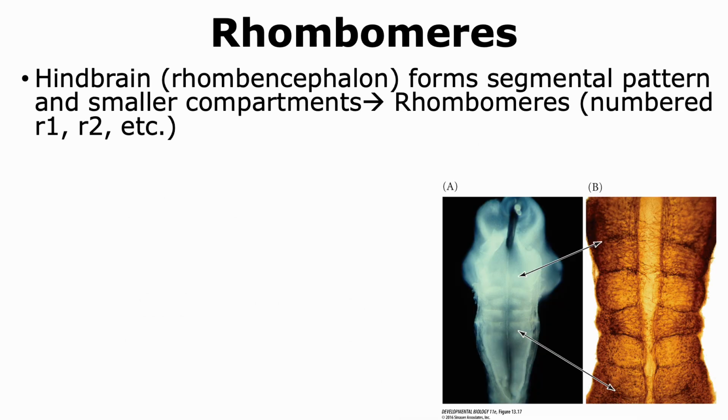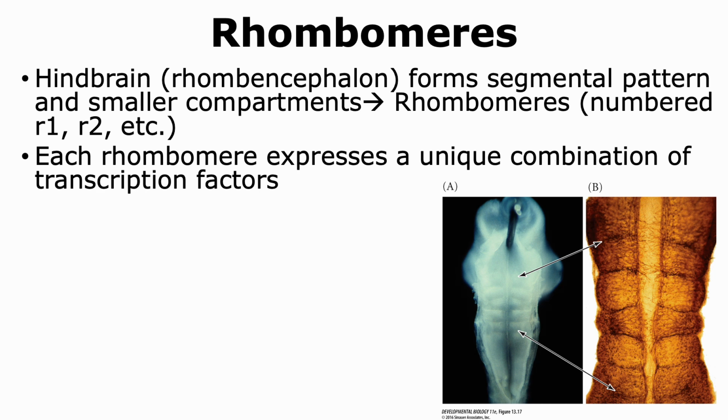Now, when we look at the rhombencephalon region, the hindbrain will form a segmental pattern and even smaller compartments that is shown in the figure. These smaller compartments are called rhombomeres and have a numbering system associated with them, like R1, R2, etc. Now, each rhombomere expresses a unique combination of transcription factors.